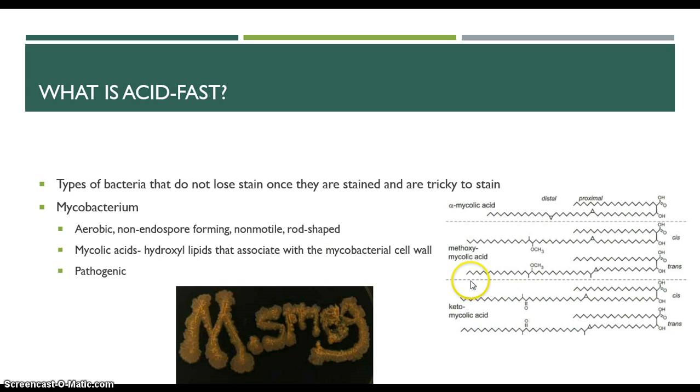These mycolic acids, as you can see here, are hydroxy lipids that are associated with the mycobacterial cell wall. As you can see, they're very hydrophobic, which is an important characteristic of it. They're just hydrocarbons, if you've taken or are currently taking organic chemistry.